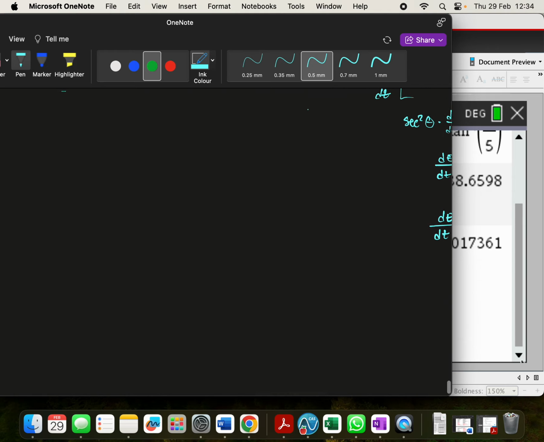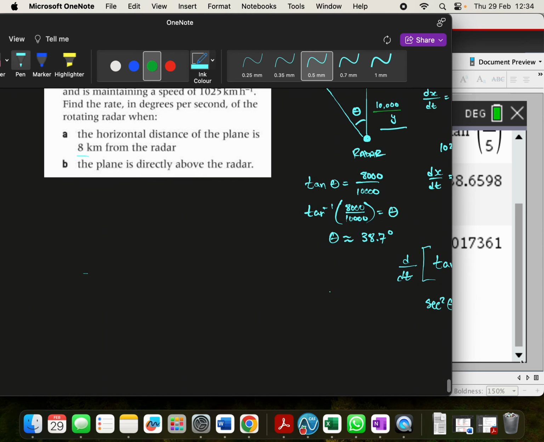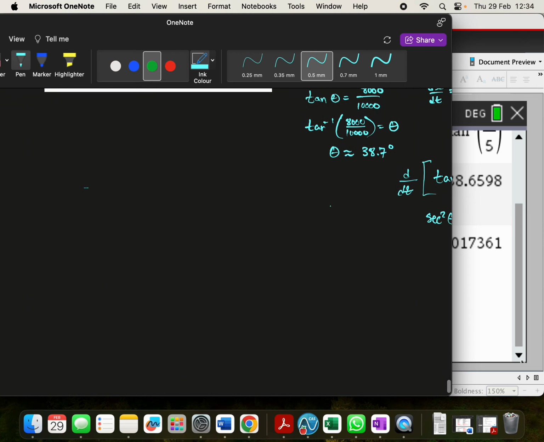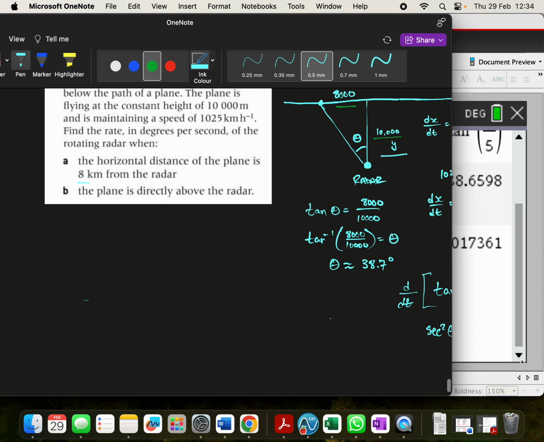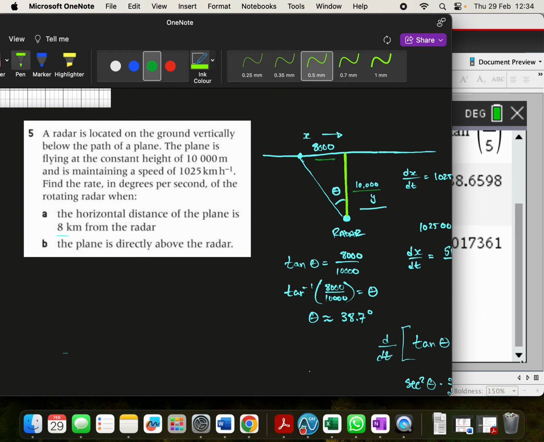Next up, we're going to find the rate when the plane is directly above the radar. I'm just going to use my same diagram, just use a different color. We're looking for this situation. In this situation, my theta is now going to be 0.